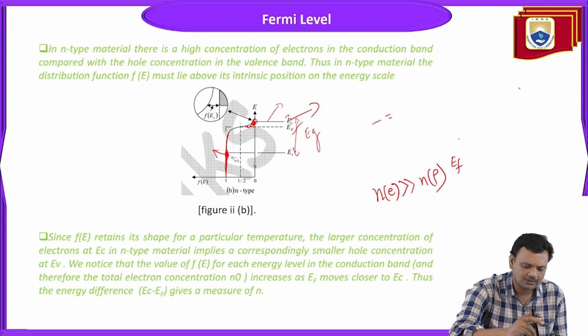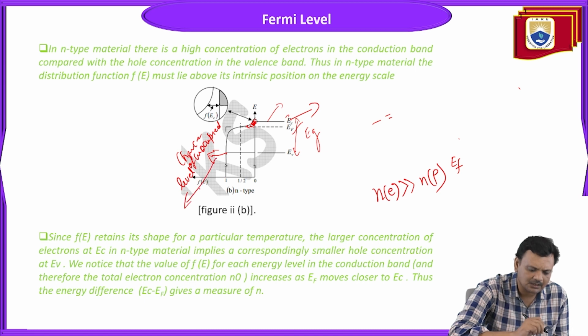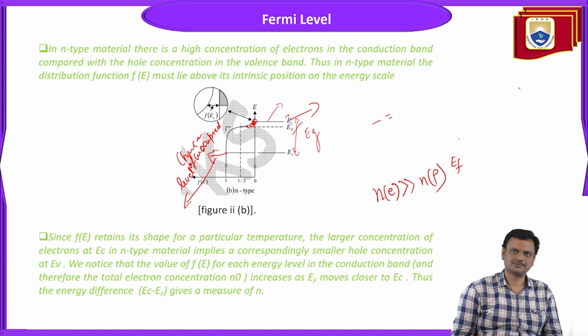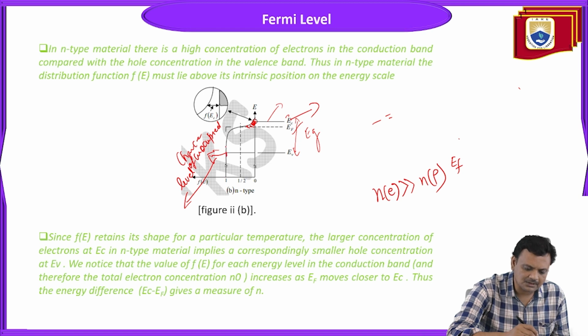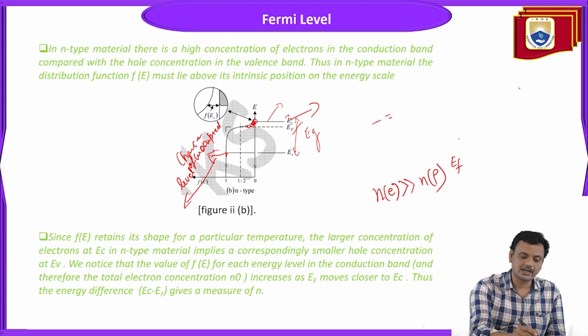Here we need to calculate the chance for unoccupied levels, and these levels will give the carrier concentration value for holes. Okay, but here what you are saying, all the levels are filled, means there is no chance that holes can be created here in the valence band.